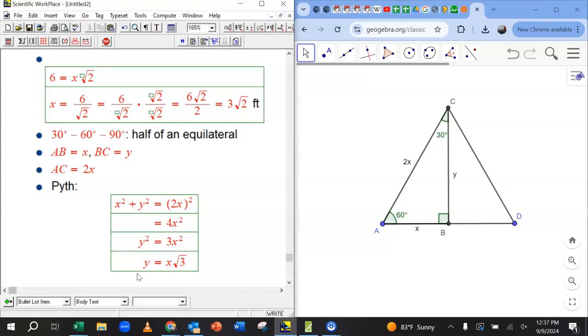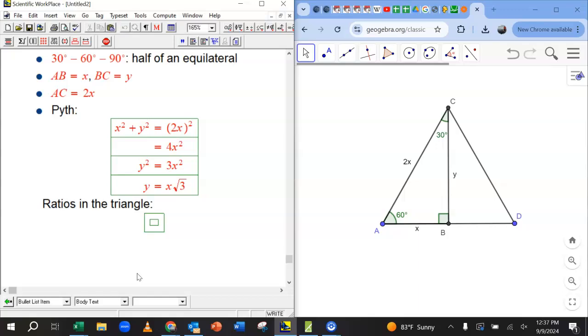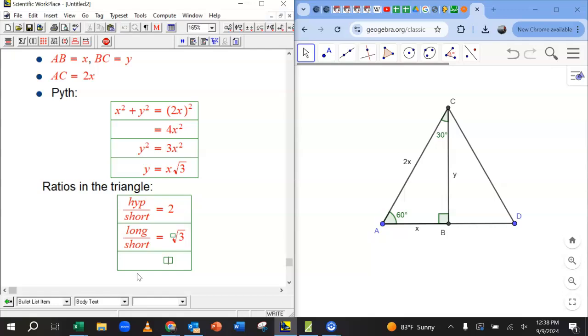And so notice what we've got is that the ratios in the triangle, we're going to really focus on the ratios here. And it's the hypotenuse over the short leg is 2. The long leg over the short leg, that's what we just figured out. That's Y divided by X. That's root 3. And then what else do we want?